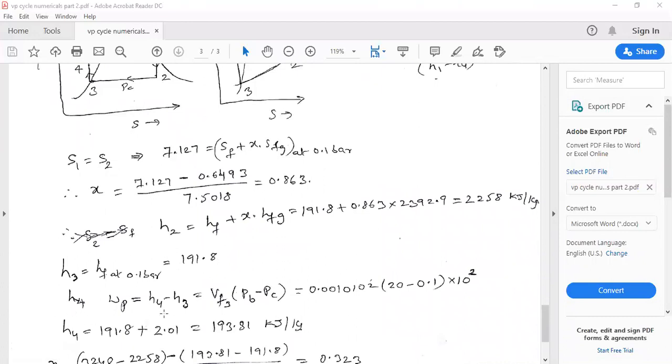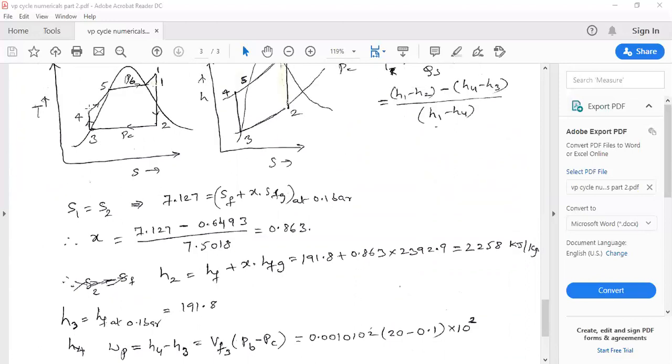Now, you should not neglect the pump work. The pump work is obtained as we have already studied: PdV work or VdP work. In PdV work, pressure is constant and volume is changing, but here the volume remains constant because the volume of the fluid will not change. So we take it as VdP work.